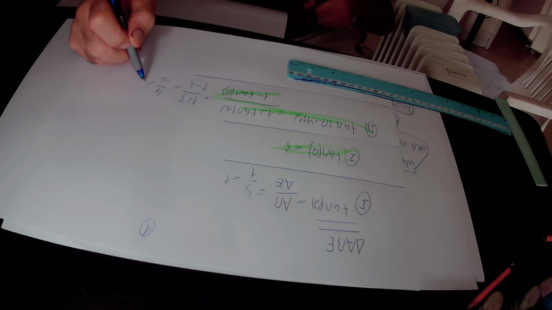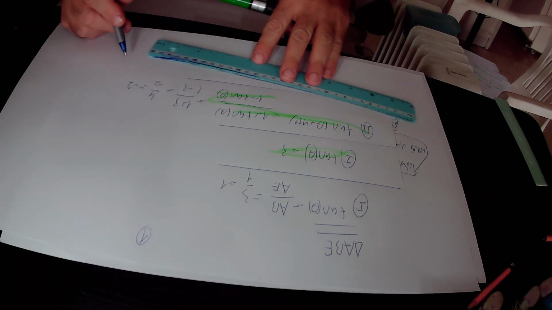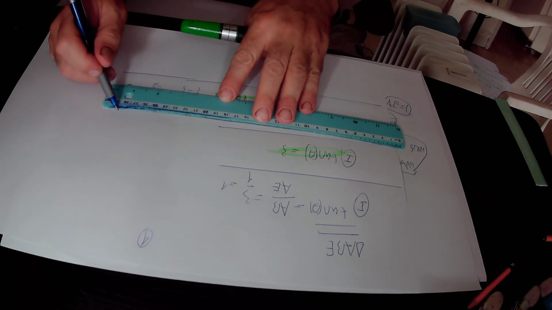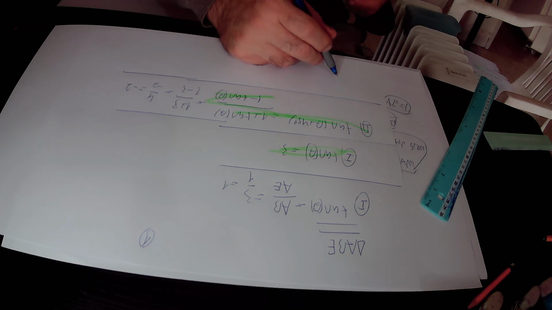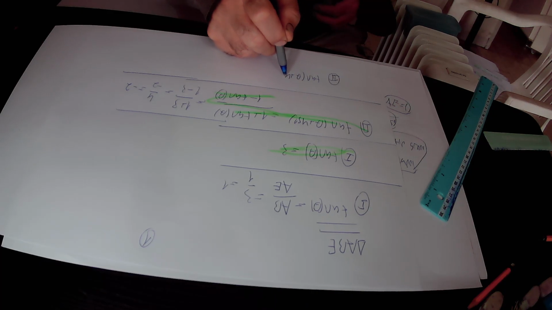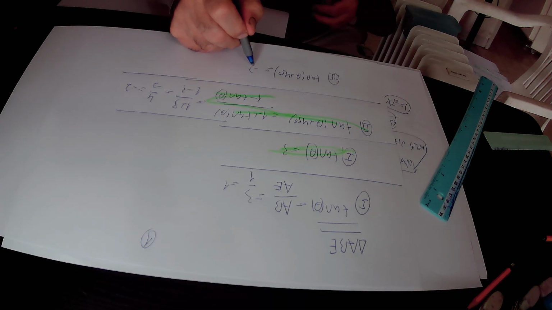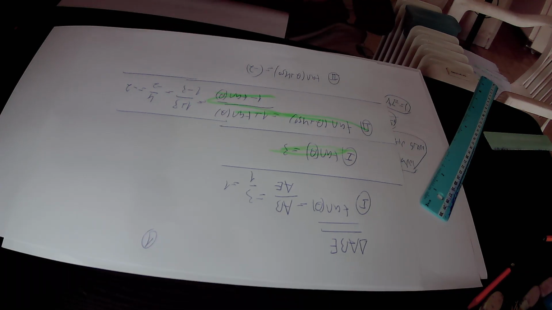Minus 4 over minus 2 is minus 2. So according to equation 2, tangent of theta plus 45 degrees equals minus 2.